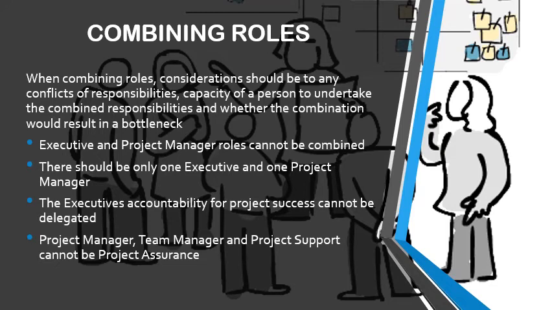And of course, you need to take note of this. The senior user role and the senior supplier role cannot be taken by one person. The executive can be a senior user. The executive can also take the responsibility of a senior supplier, but the senior user and senior supplier roles cannot be combined. Please remember that.